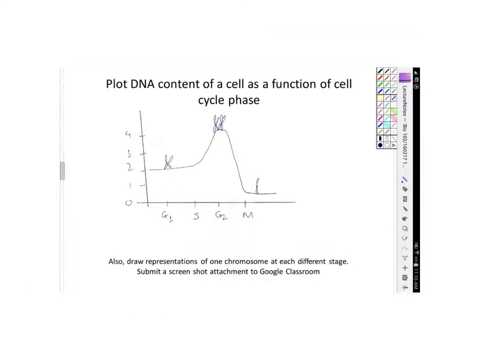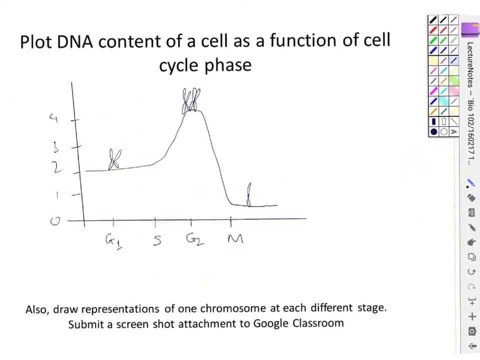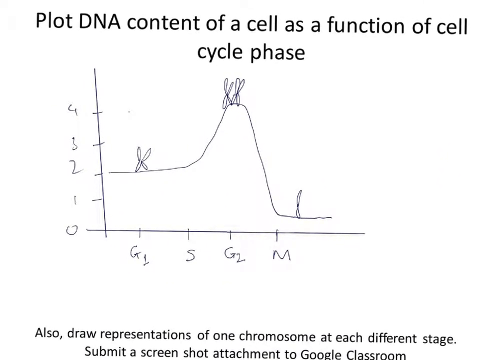Here's one of your examples. So DNA content of a cell is a function of the cell cycle. What do you think?